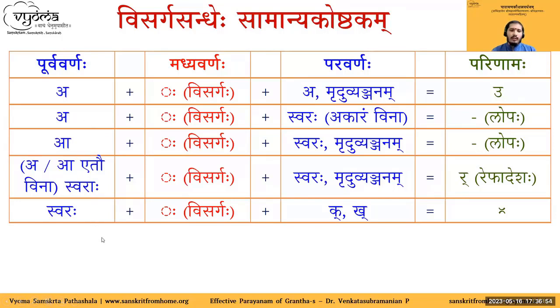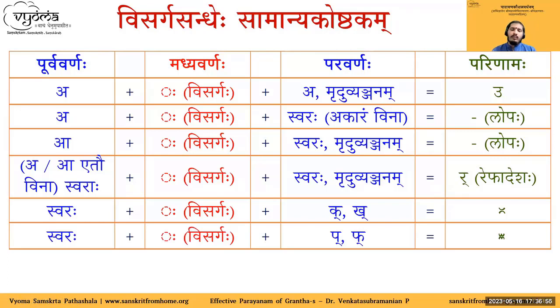Similarly, if we have swara and Madhyavarna being Visarga, then if we have Paravarna as Pa or Tha, then we get Upadhvaniya Adesha.